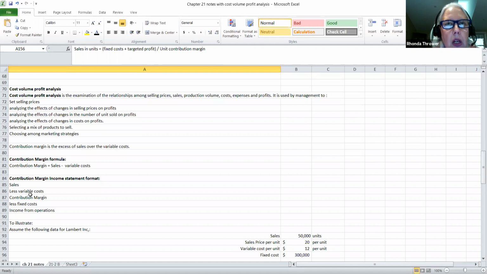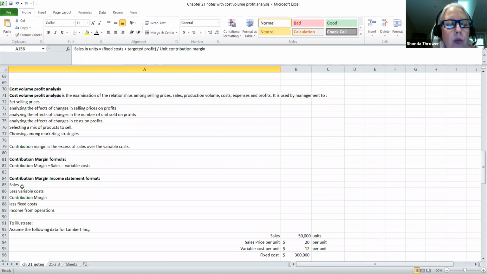So things like direct materials, direct labor, these are examples of variable cost. And it would just depend on the number of units produced as to how much direct materials cost you would incur. So variable costs are the costs that will vary with the production level.